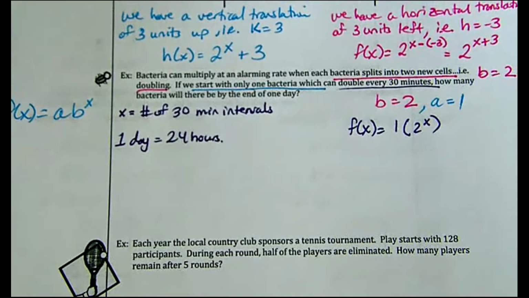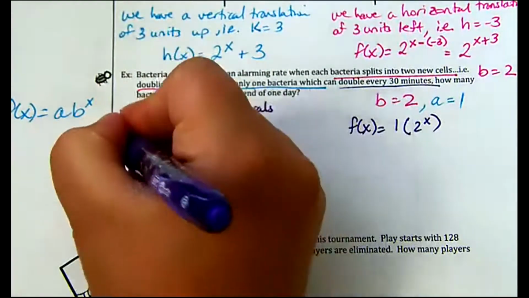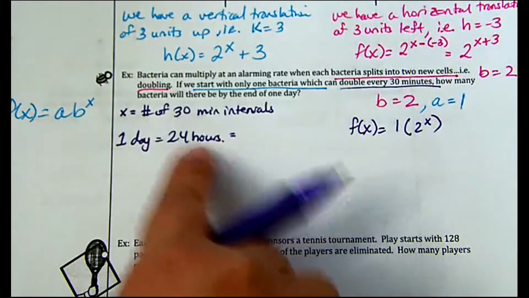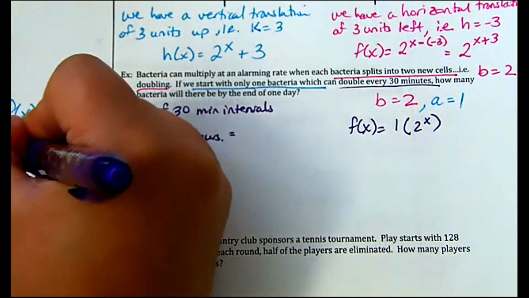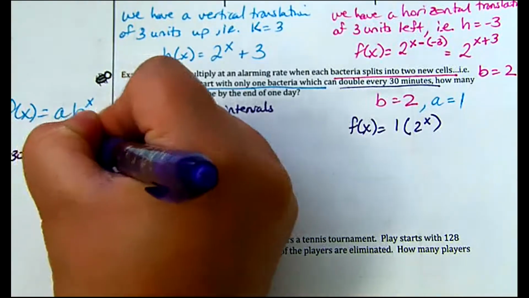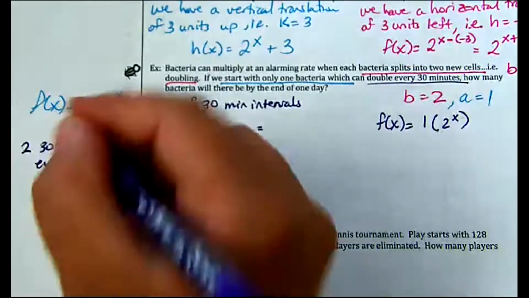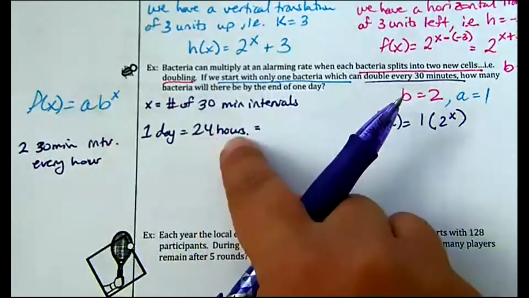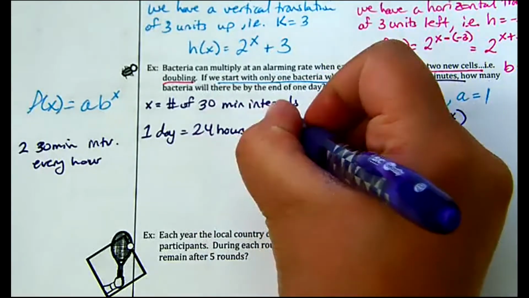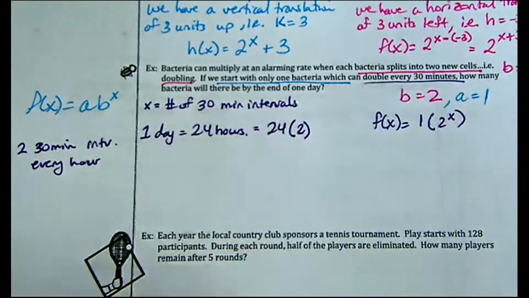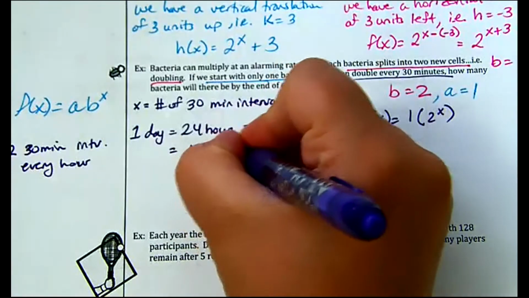And every hour has 2 30-minute intervals. So in 24 hours, 2 30-minute intervals per hour, that's going to be 24 times 2, which gives me 48 intervals.